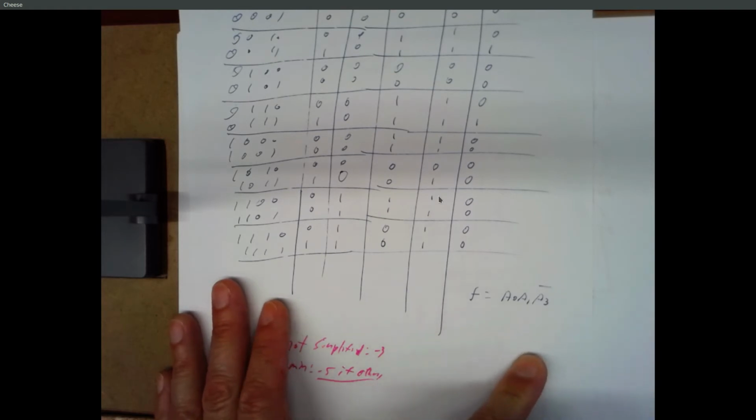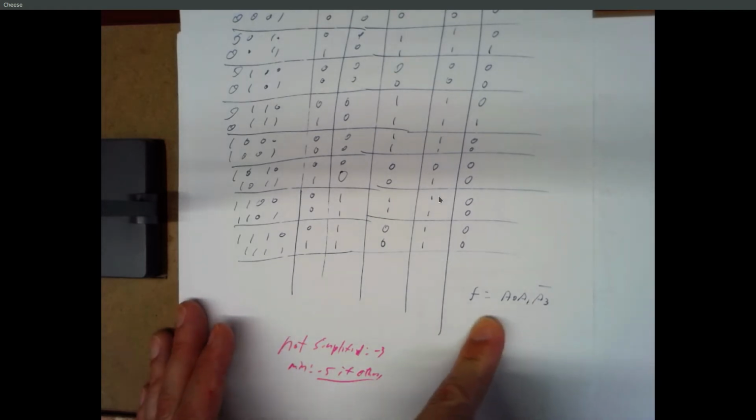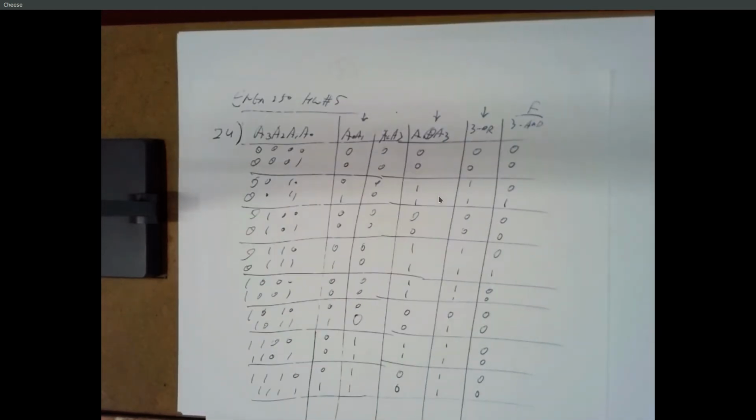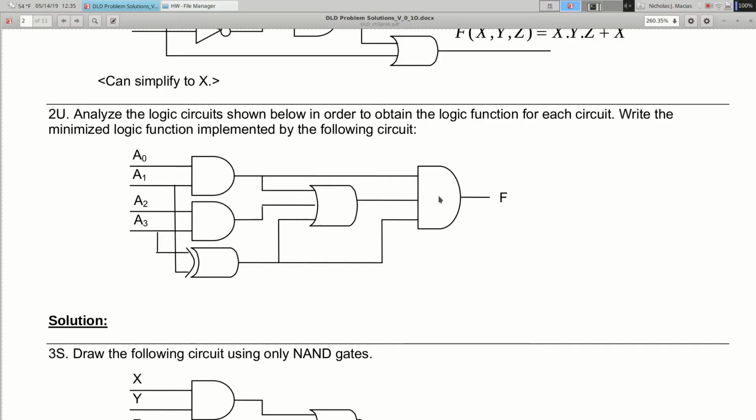So all that circuitry turns into a single 3-input AND gate with one inverter. All right, so any other questions?